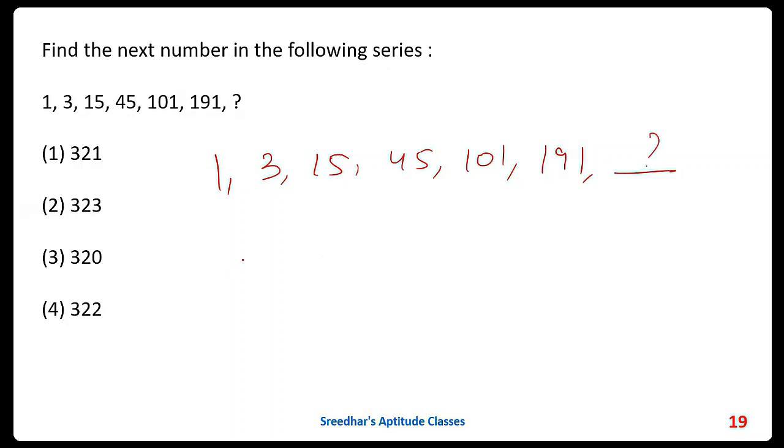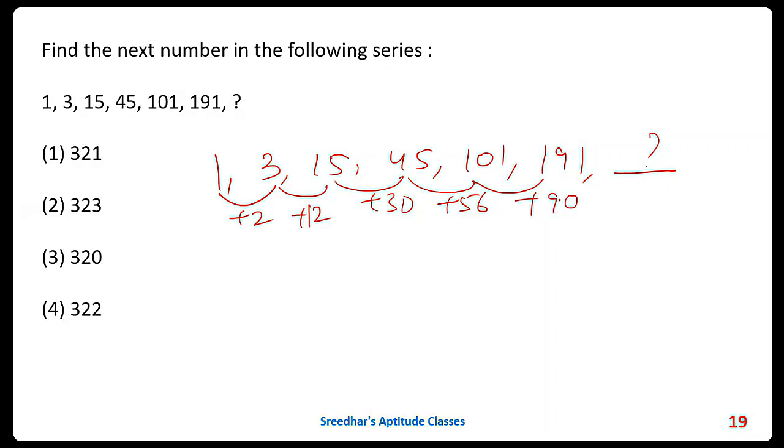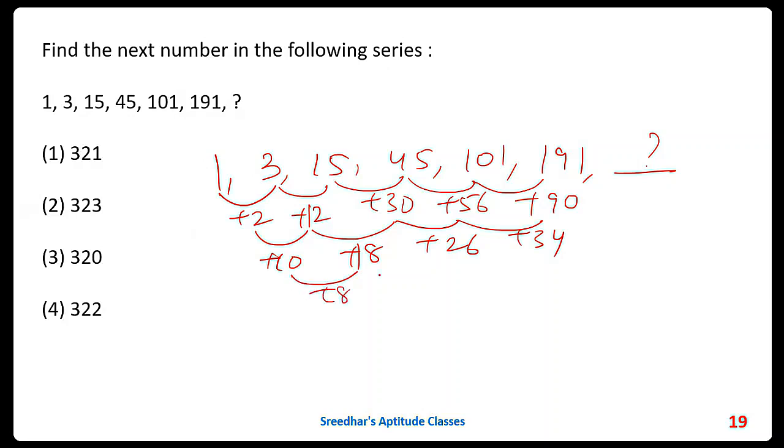What is the next number? Your differences are plus 2, plus 12, plus 30, plus 56, plus 90. So these are not in any pattern. Then I will go for second differences. Second differences are plus 10, plus 18, plus 26, plus 34. Now the second differences differ by 8, 8, 8. Now next should be plus 8.